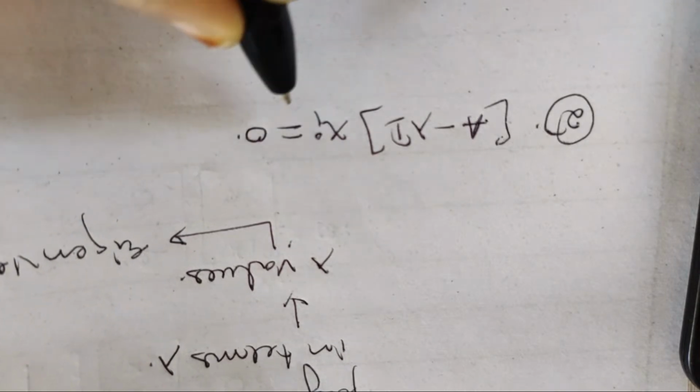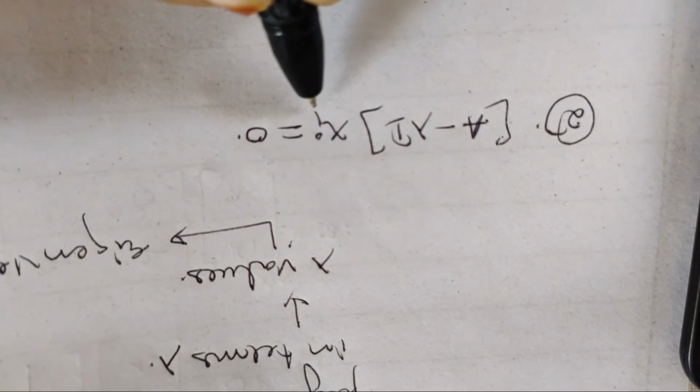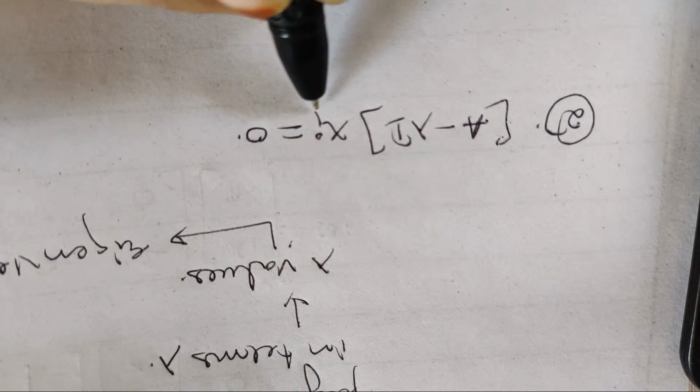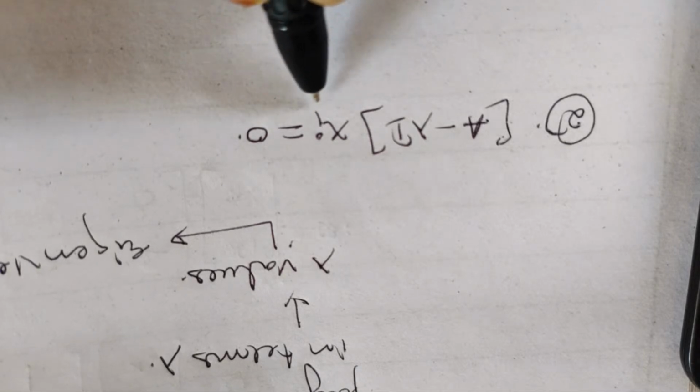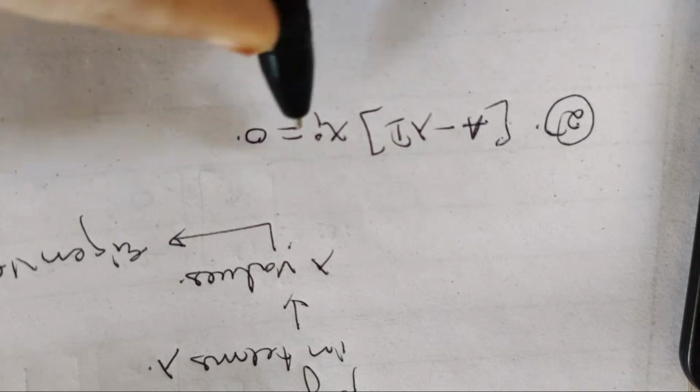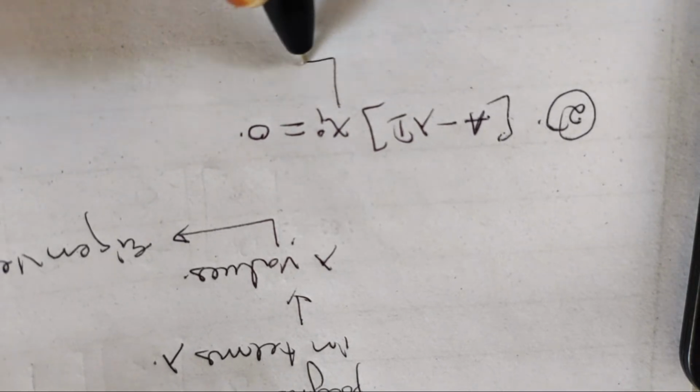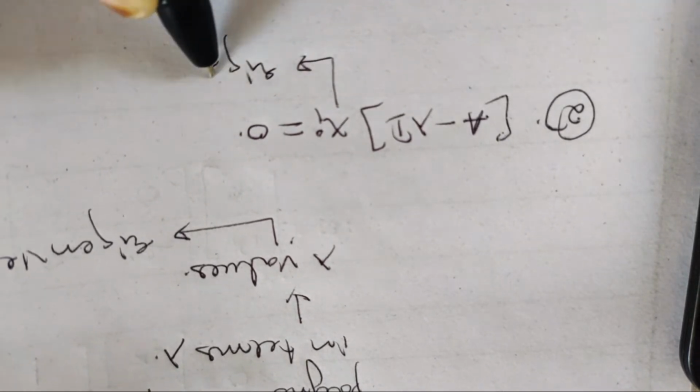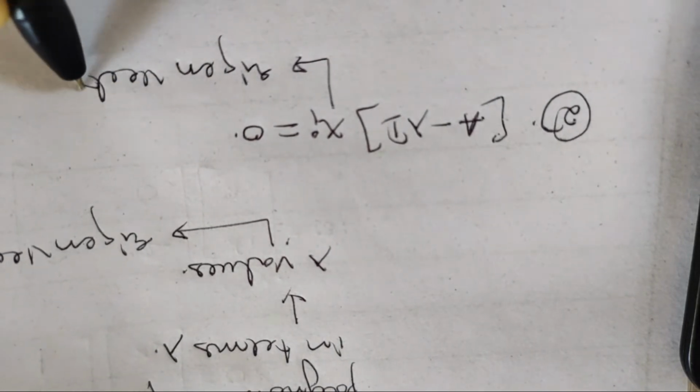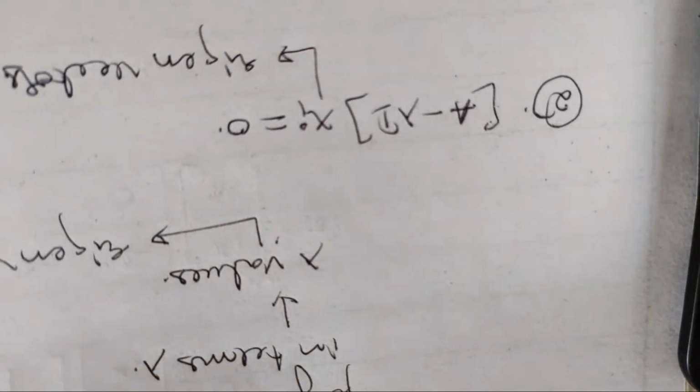Whatever the order is, that many eigenvalues we are going to get, and for those many eigenvalues, we have to find the eigenvectors. So this will give you eigenvectors.